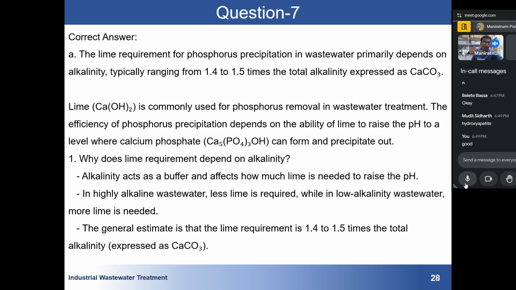Yes, it is called hydroxyapatite. Remember, generally our bones are made of hydroxyapatite. I hope many of you know that our bones are made of hydroxyapatite.